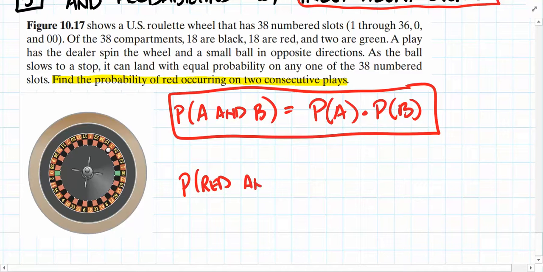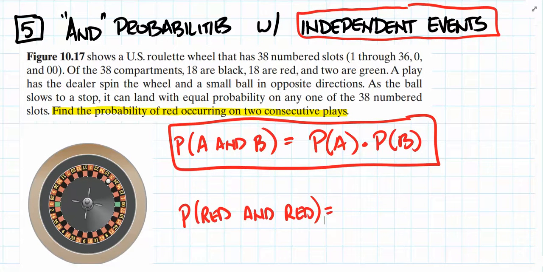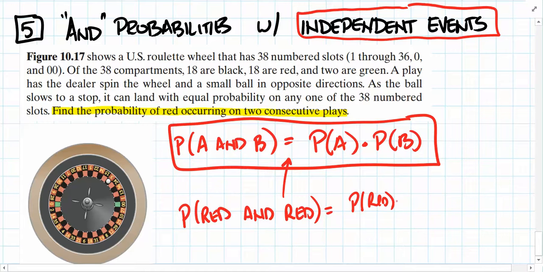Well, if my events are independent, and these are because one outcome does not affect the other, then according to my little rule here, the word AND means to simply multiply the 2 respective events together. So this is going to be the probability of red multiplied by the probability of a red. So the word AND means multiply for us.